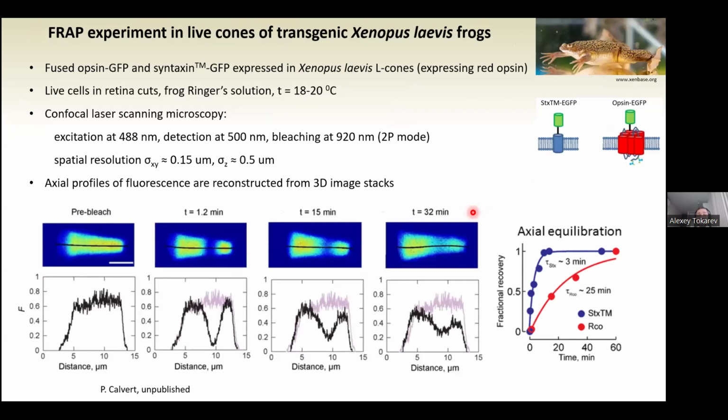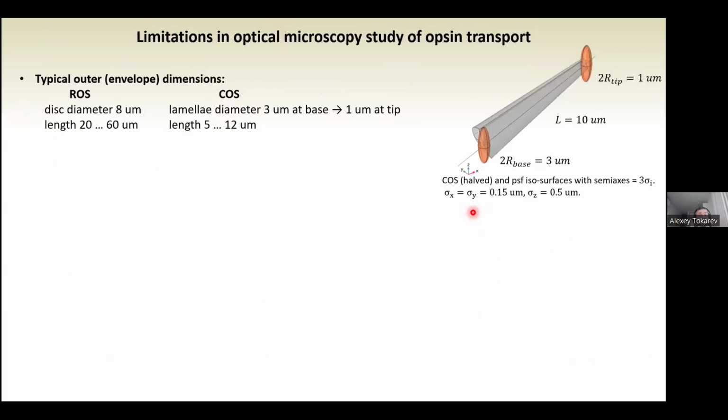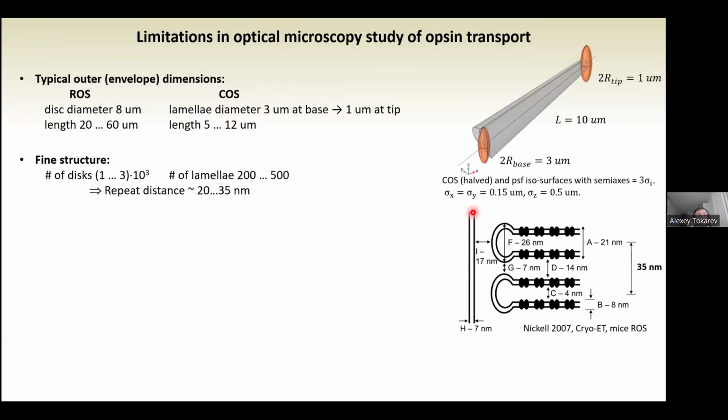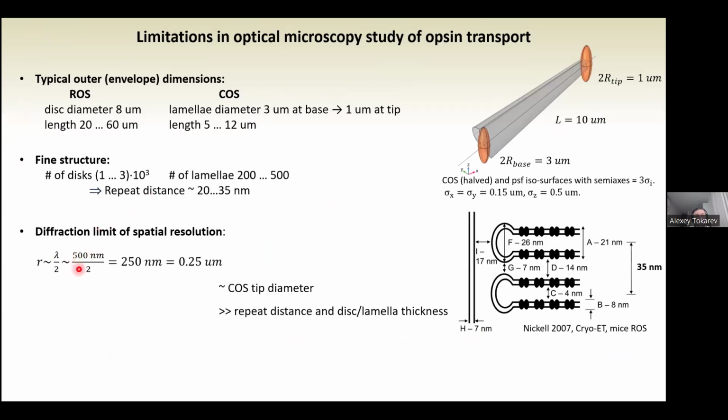And the second difficulty is that all the dimensions of the structure are below the resolution of optical microscopy. I will explain. We have the so-called diffraction limit of optical microscopy. It is roughly half of the wavelength of light at which we detect something. So here it is about 0.25, 1/4 of a micrometer.